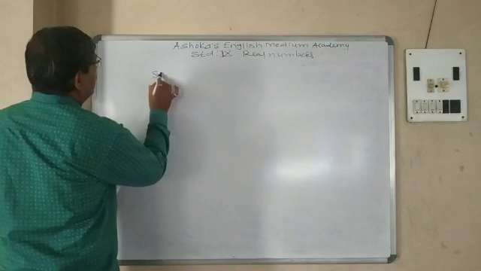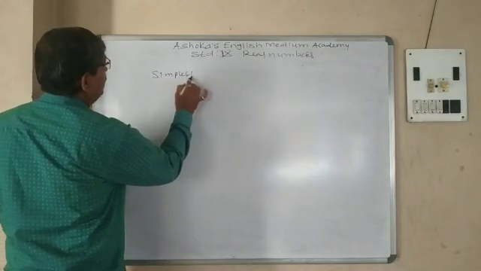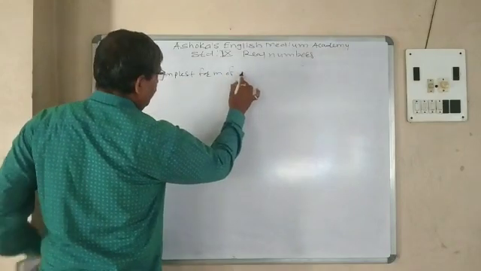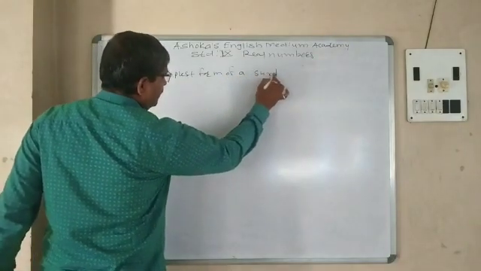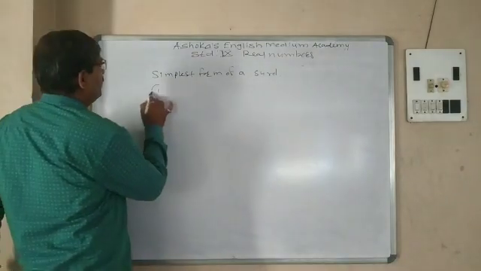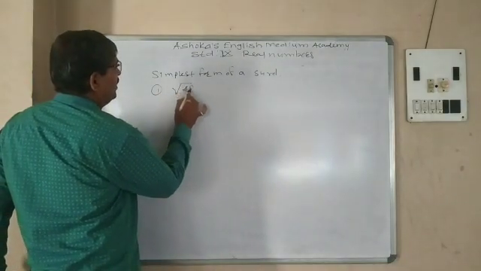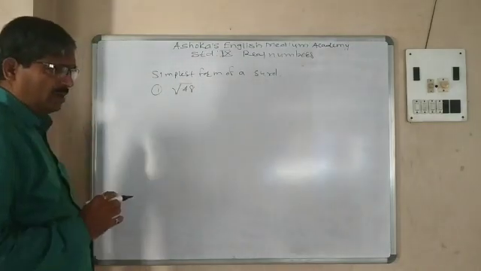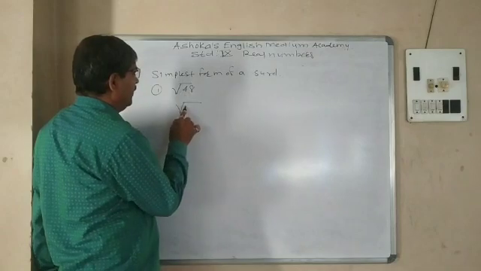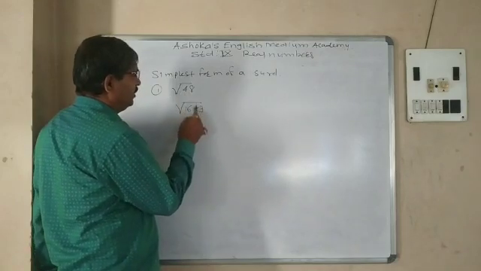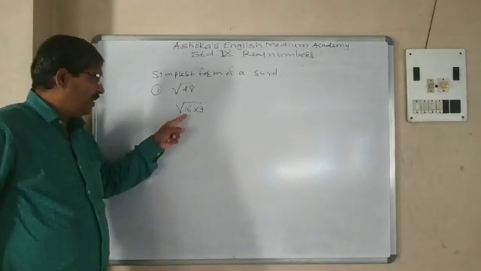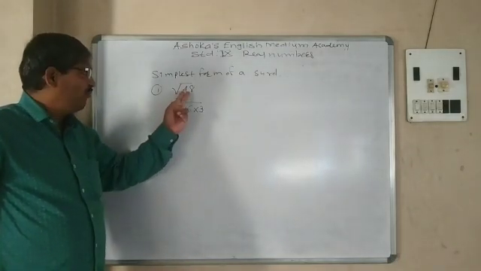First example, simplest form of a surd. The first example given here is 48. We should split this 48 in such a way that it is 16 into 3. Here two factors of 48 are taken.